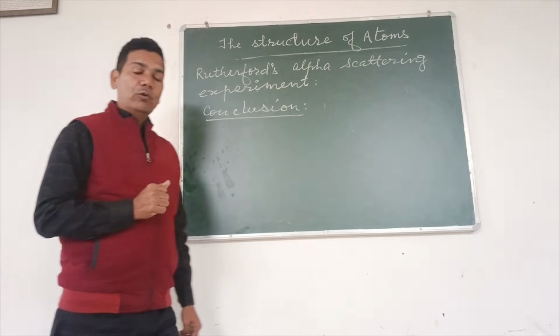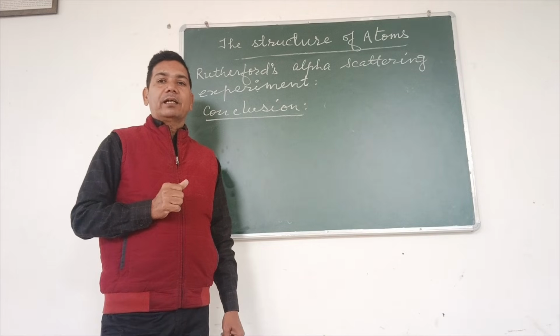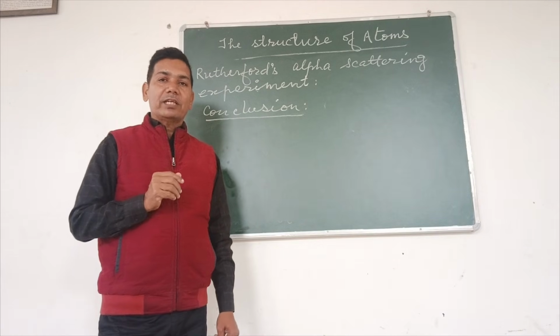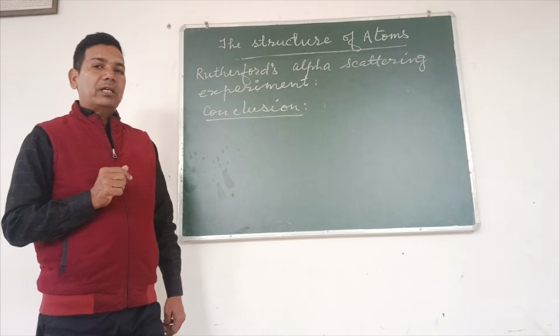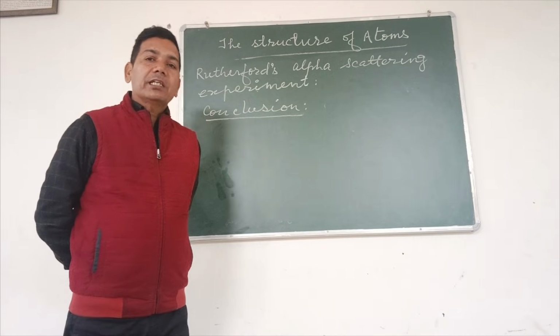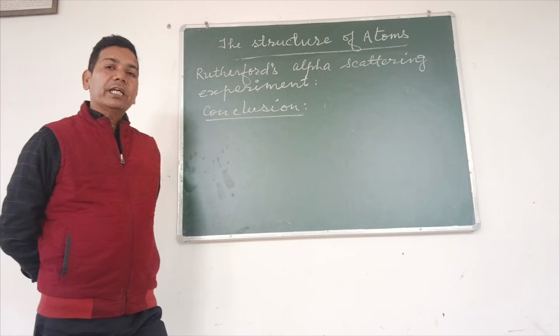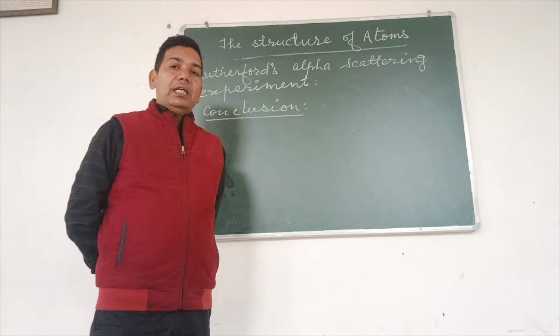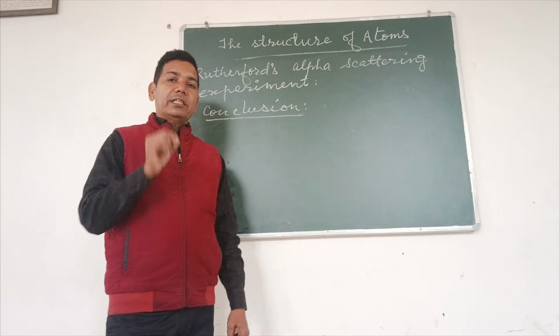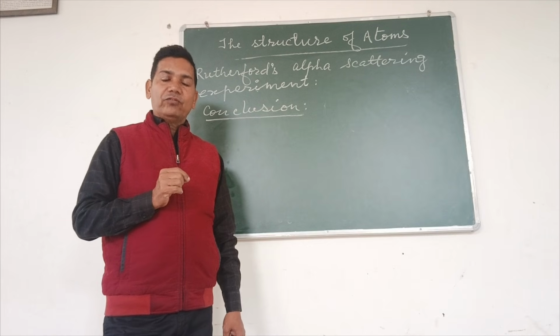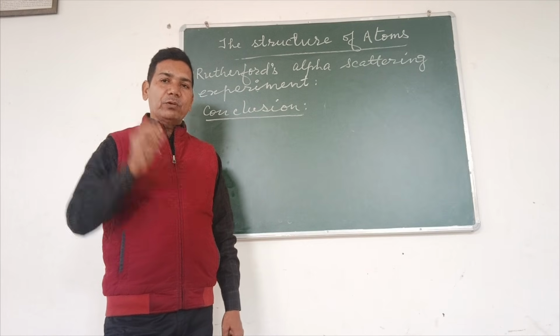But it was also known that the atom is neutral. It means that there must have been some negative charge. What was the role of the negative charge? Actually, the negative charge, which we now call electrons, is distributed.